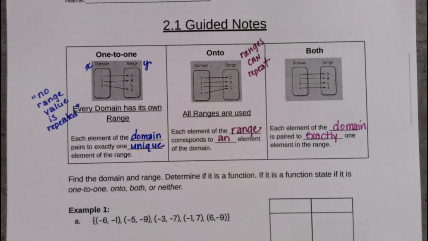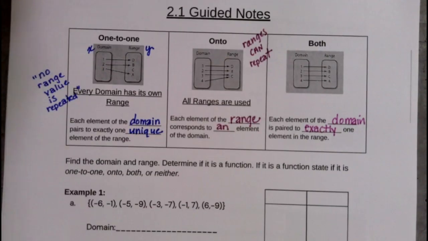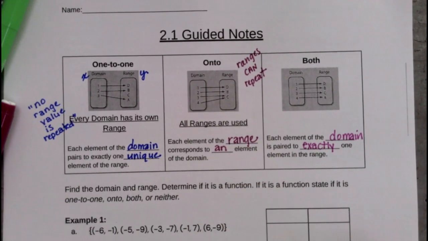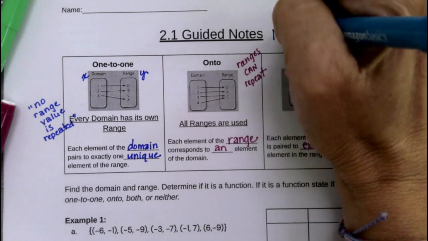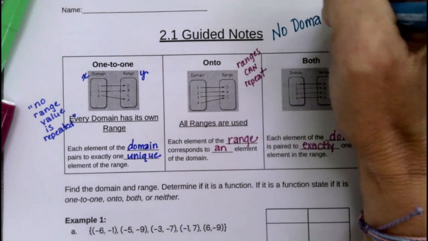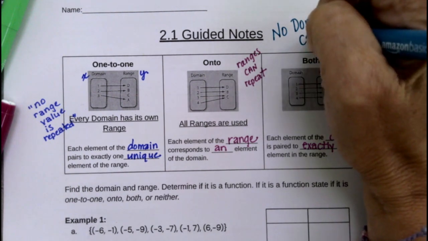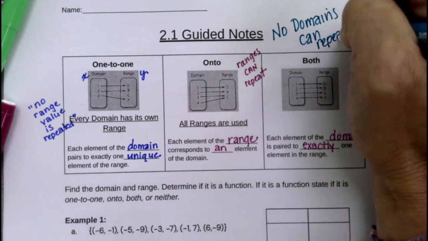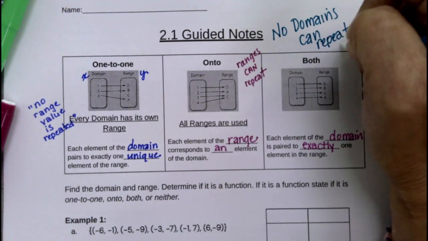Now, an all-encompassing rule for functions, and this is part of that vertical line test that we talked about before, is no domains can repeat in a function.